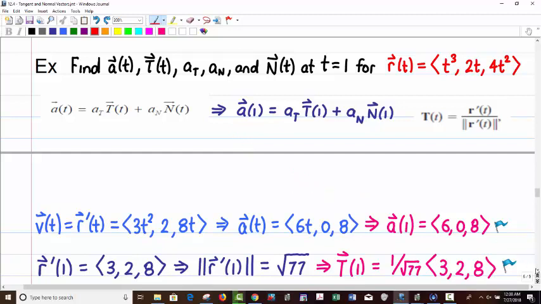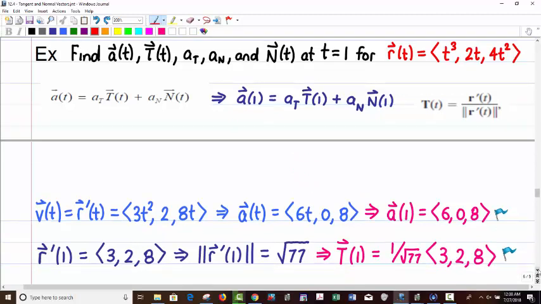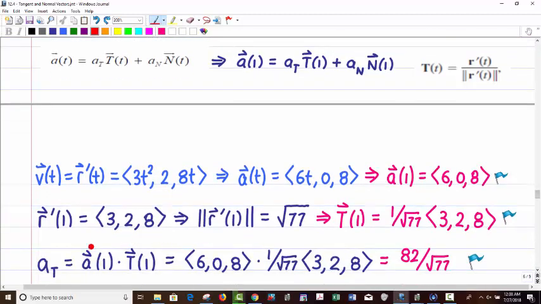Now let's get the unit tangent vector. We don't have to do this algebraically. We can do it because we know t equals 1. So we can just plug 1 into r prime. See, r prime is just the tangent vector. R prime of 1 is a tangent vector, so it would be 3, 2, 8.